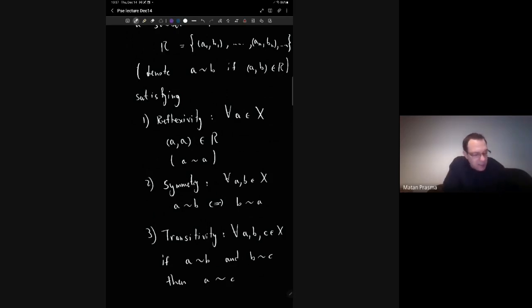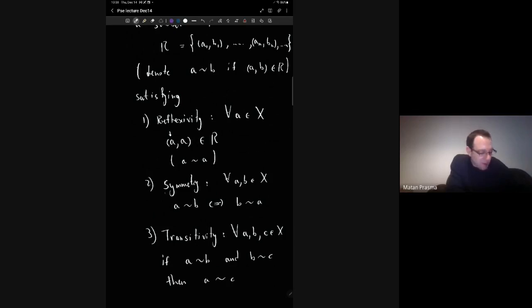And these axioms, if you think of them, are at least the minimal properties that you would expect from a framework that declares things to be equivalent, right? An element always has to be equivalent to itself.